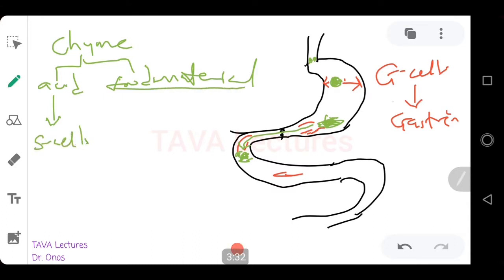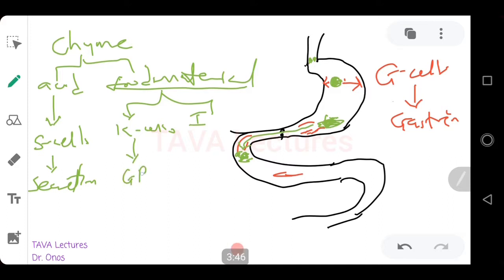While the food material part of chyme, two cells can respond to it. We have K cells, and then we also have I cells. S cells bring out secretin. K cells bring out GIP. While I cells, they bring out CCK-PZ.